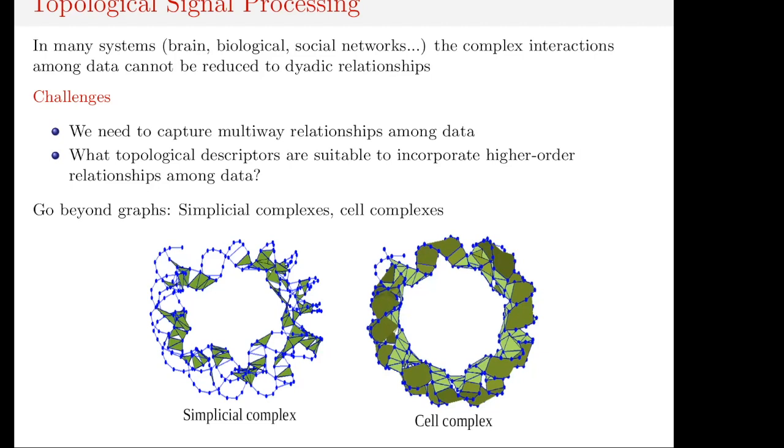We need to go beyond graphs, for example, simplicial complexes and cell complexes, but in this talk I will focus on simplicial complexes and cell complexes. In this example, we see that the simplicial complex is able to capture a triadic relation among the data by using triangles, while a cell complex is able to capture more sparse relations by using polygons.